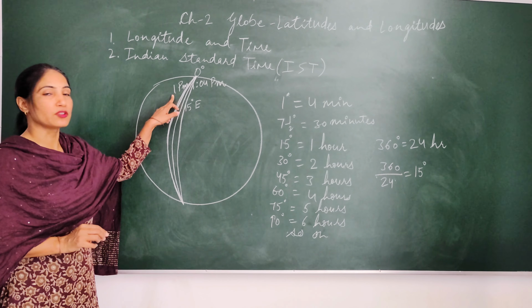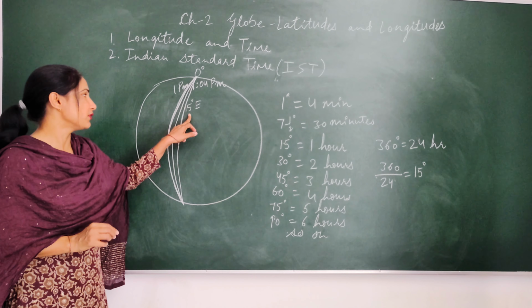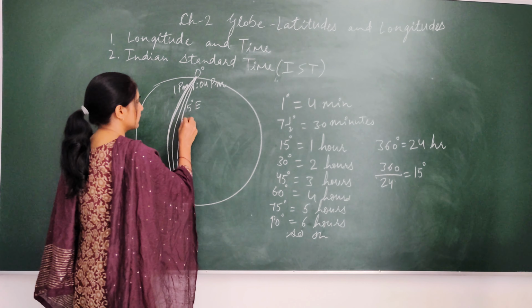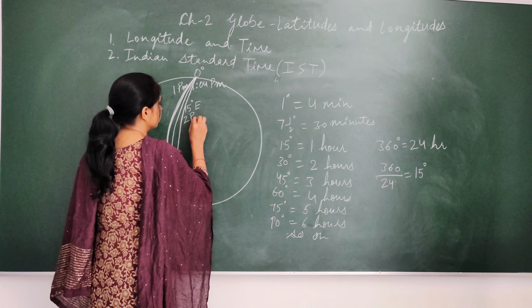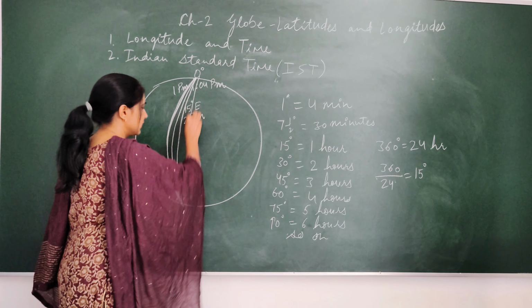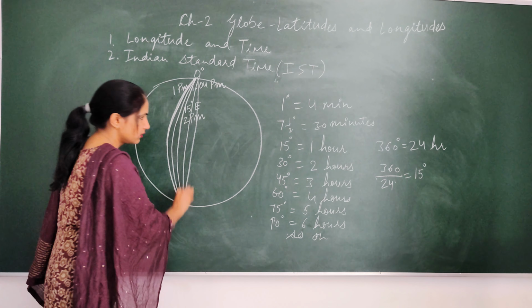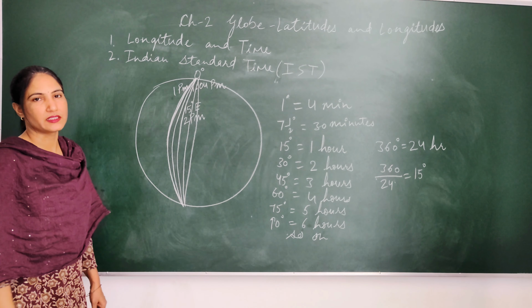So if at 0 degree it is 1 p.m., at 15 degree east the time will be 2 p.m. At 30 degree, 3 p.m. At 45 degree, 4 p.m., like that.